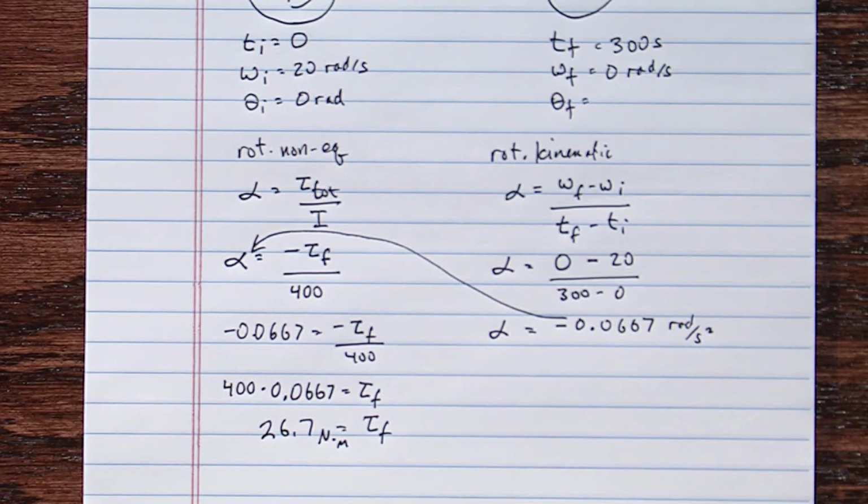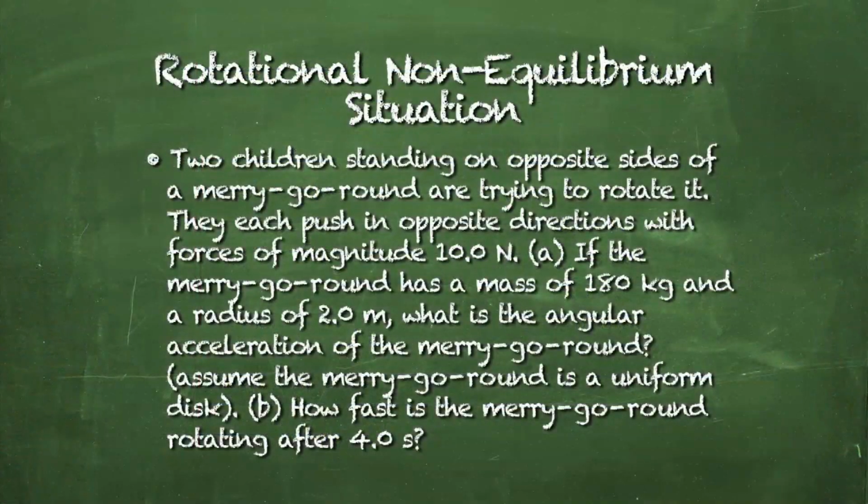Let's work another example. Two children standing on opposite sides of a merry-go-round are trying to rotate it. They each push in opposite directions with forces of magnitude 10 newtons. If the merry-go-round has a mass of 180 kilograms and a radius of 2 meters, what is the angular acceleration of the merry-go-round?